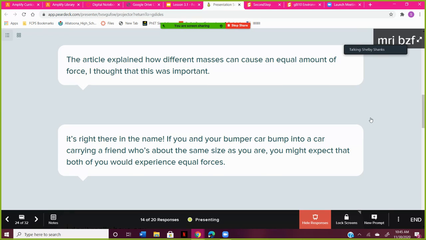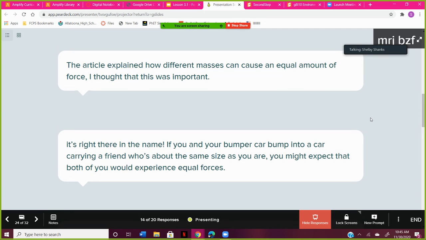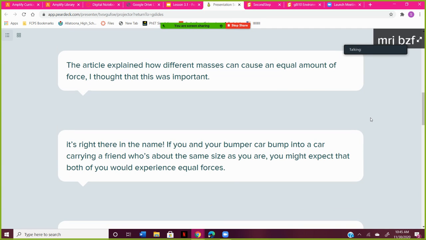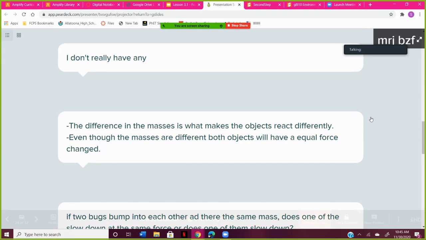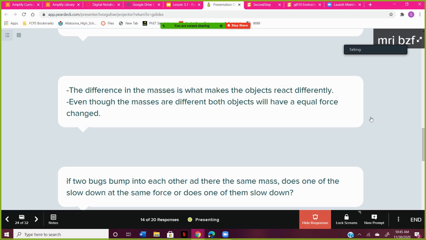The article explained how different masses can cause an equal amount of force. The difference in the masses is what makes the objects react differently, and even though the masses are different, both objects will have an equal force change.